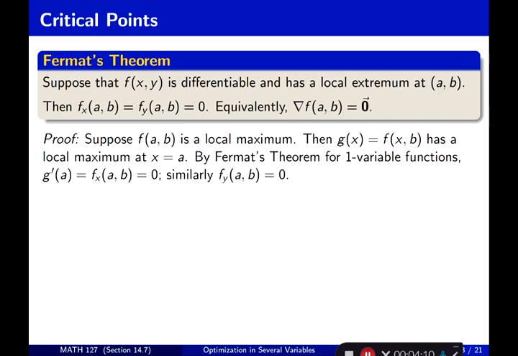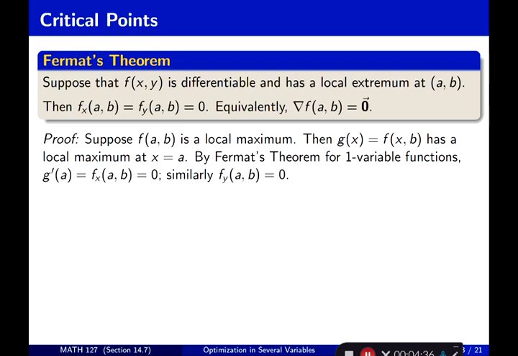And also, if f of a and b is a local maximum, this f of x and b is supposed to be a maximum at x equal to a, because that's the point that is maximum on the surface. So any curve that goes through that point also has a maximum at that point.